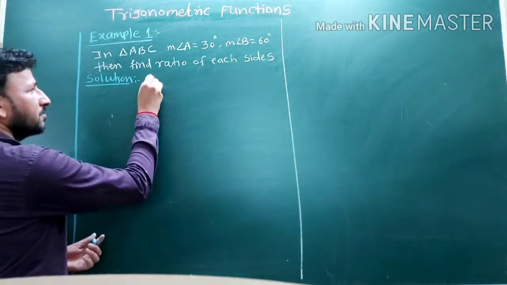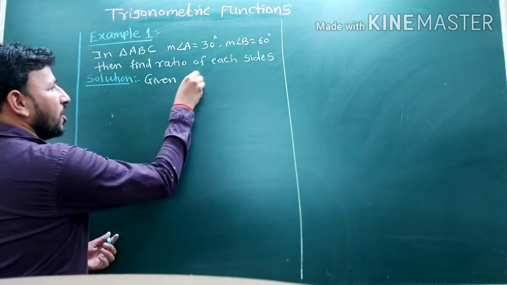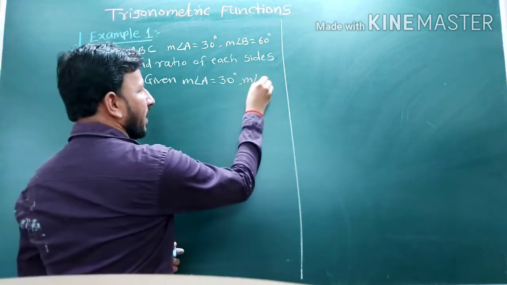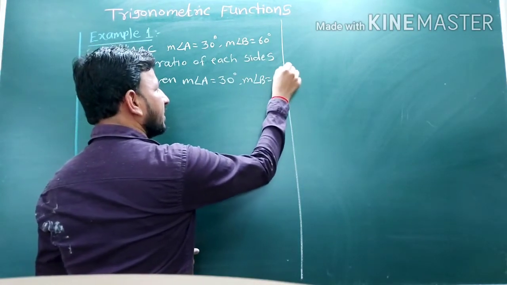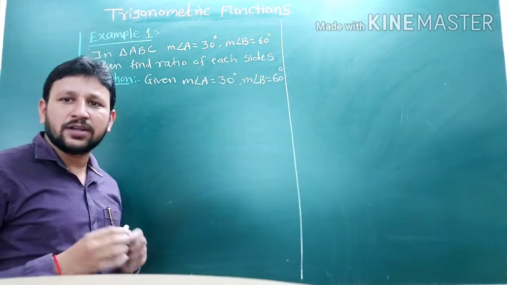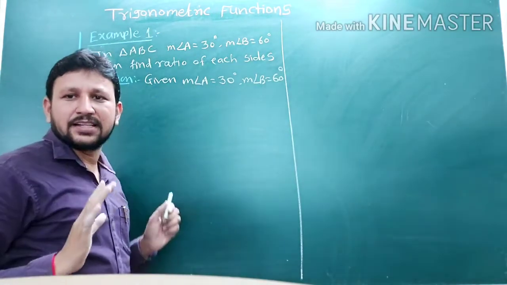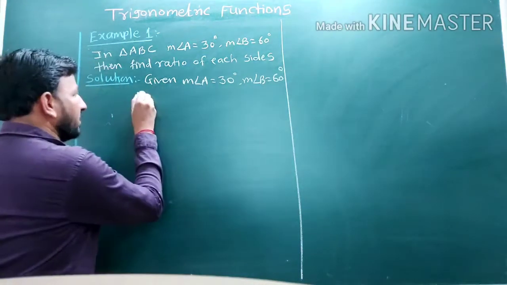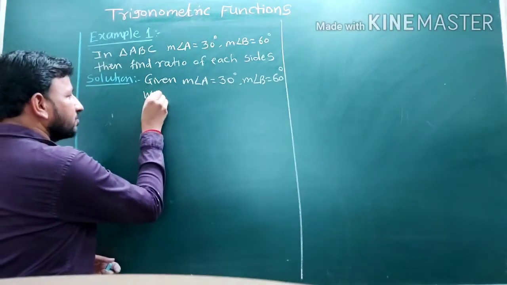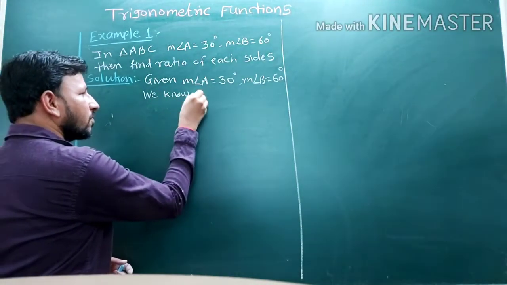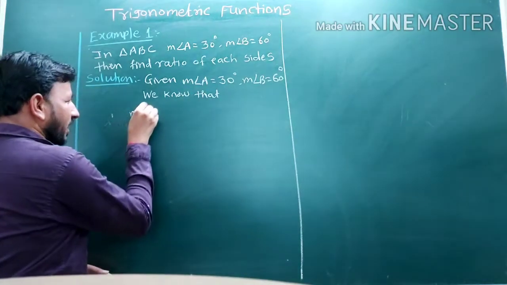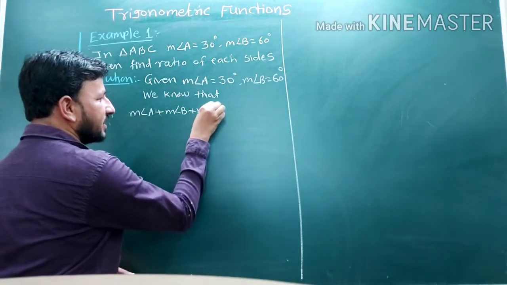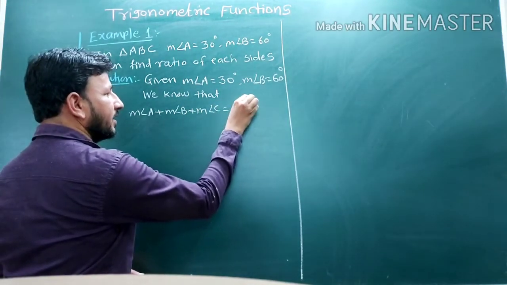First, the given part: measure of angle A is equal to 30 degrees and measure of angle B is equal to 60 degrees. Two angles are given. We know that the sum of angles of a triangle is 180 degrees. So, measure of angle A plus measure of angle B plus measure of angle C is equal to 180 degrees.